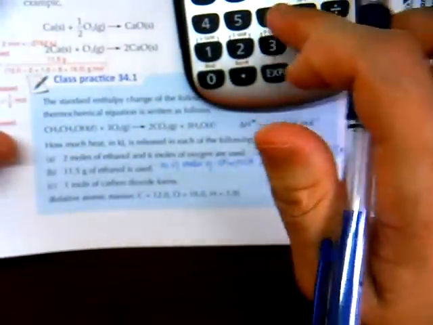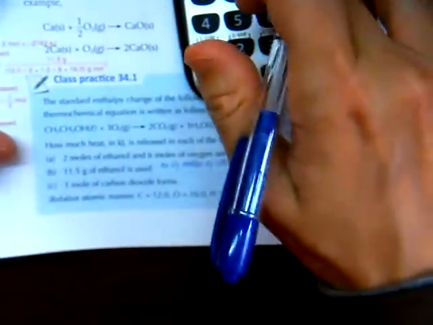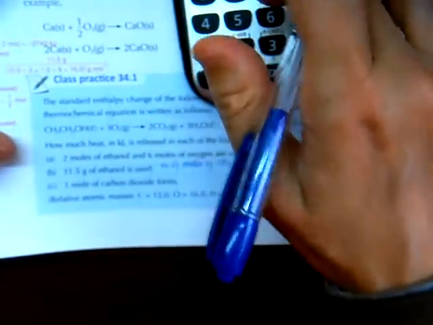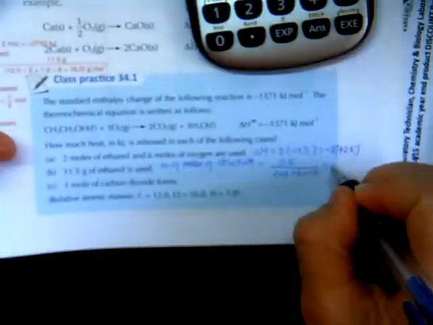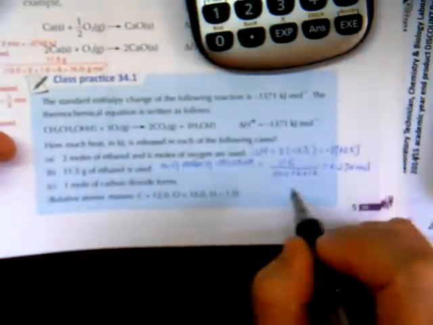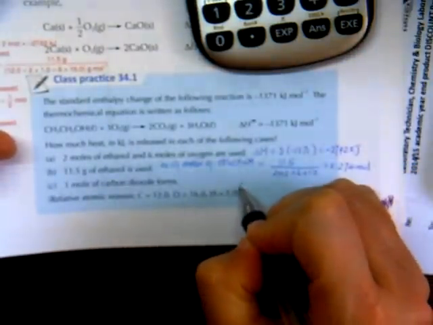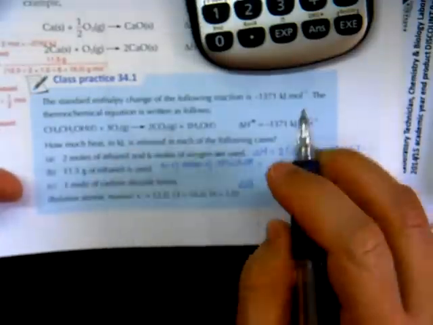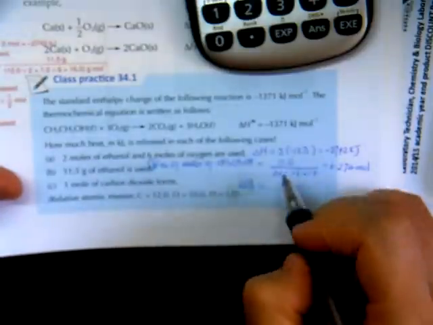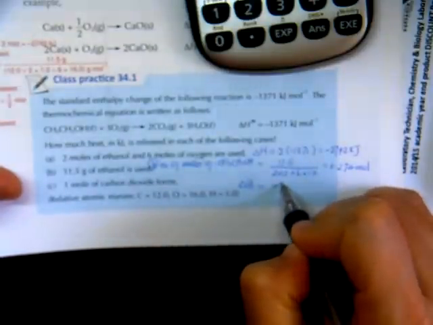The number of moles of ethanol burnt is 0.374 mole.